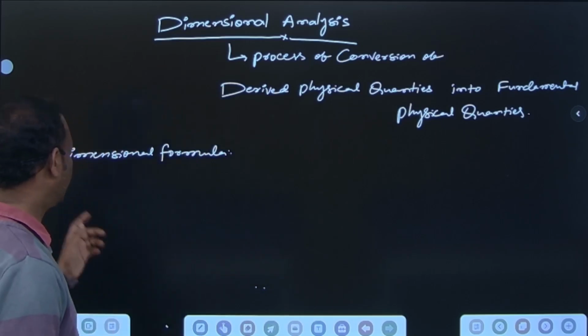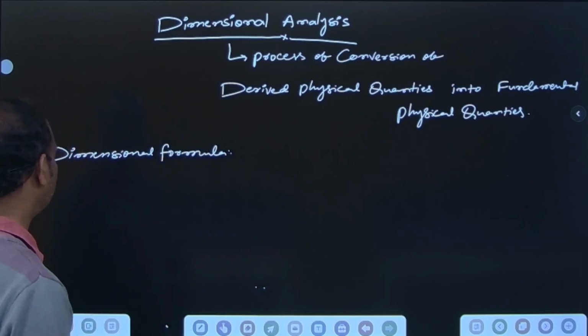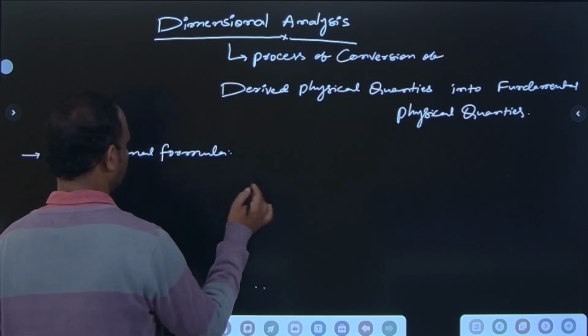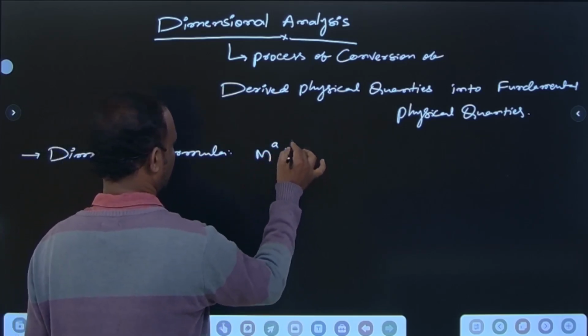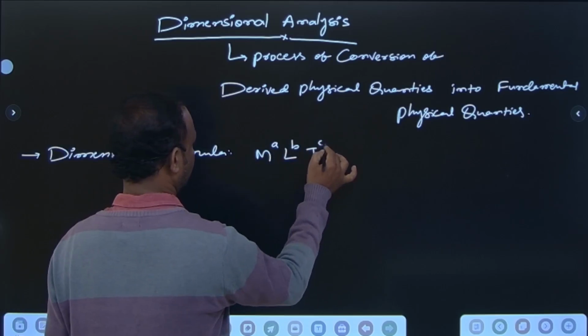The dimensional formula is M to the power of a, L to the power of b, T to the power of c.